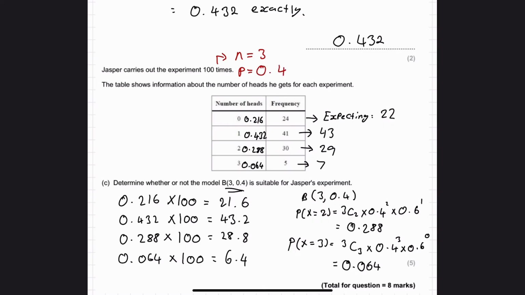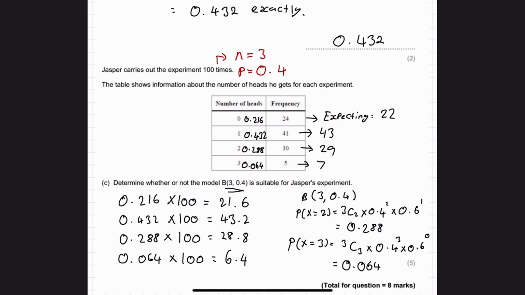So in all of his 100 experiments, the coin landed on heads 0 times, 24 times. And then it landed on a head once, exactly, 41 times. And it landed on two heads, exactly 30 times. And it landed on all 3 heads, exactly 5 times.